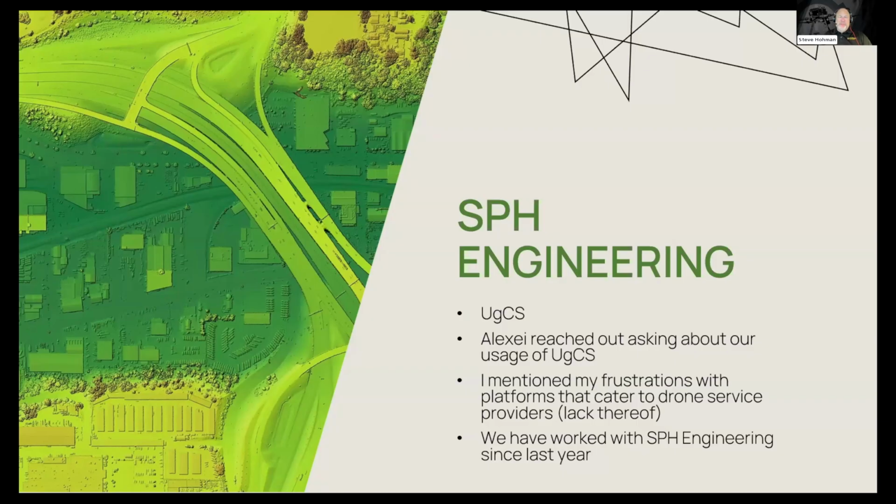In 2 years, I've never been able to get DJI to take off the hard limit of 10 meters. So I can't generate a 50-foot grid of points out of DJI Terra. So I have to run it through a Pix4D platform just for that one deliverable. Whereas if I have an issue with the DroneGIS platform and I reach out to Alexei, we can have a conversation about that.